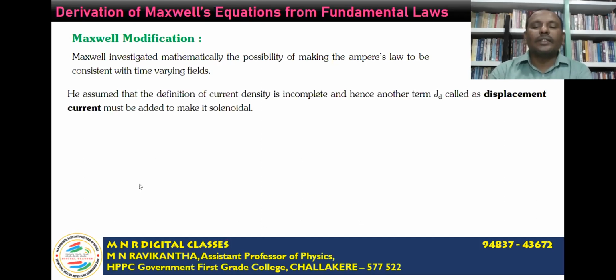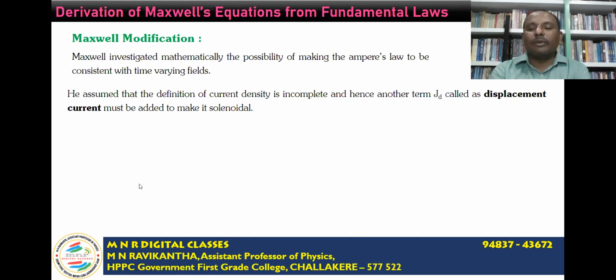Around 1960, he conducted one simple experiment using a parallel plate capacitor, where he found that in the discontinuity between the plates of the capacitor, where there exist time varying fields, time varying currents called displacement current exist.